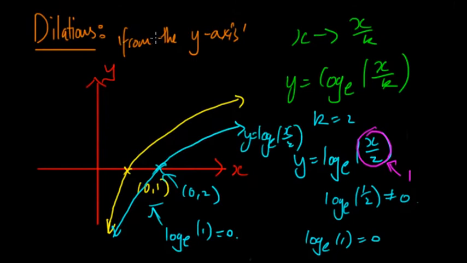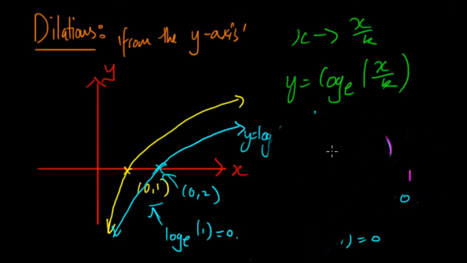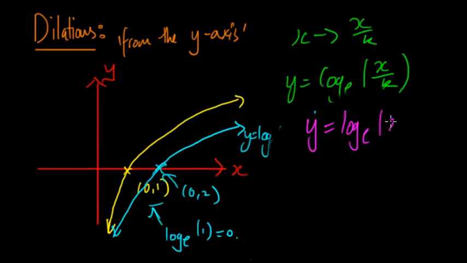So the difference between dilation from the y-axis and the x-axis is that with the base form, when you dilate it from the y-axis, you are changing the x-intercept. And then conversely, when you let k equal a half or something similar, you're going to get y is equal to log e of 2x.